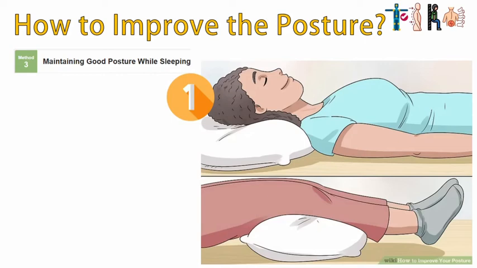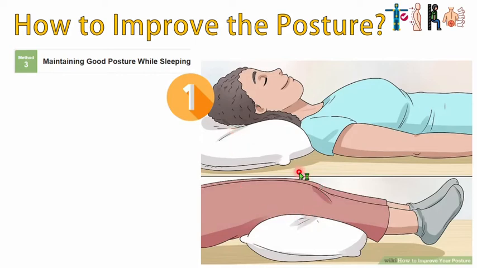Choose a flat pillow or no pillow for your head. If you sleep on your back, place a small pillow behind your knees, just like this one, and choose a supportive pillow for your head. So it varies depending on what position you use when you sleep. If you sleep on your stomach, you need to put a pillow under your stomach.